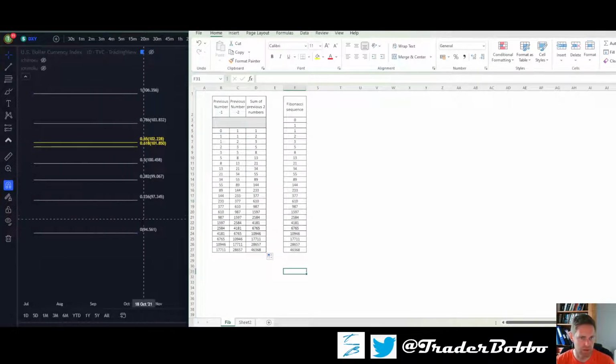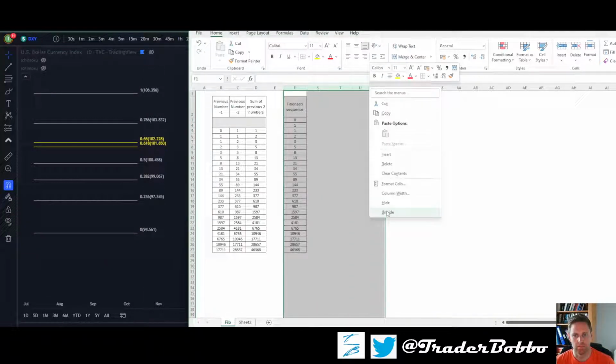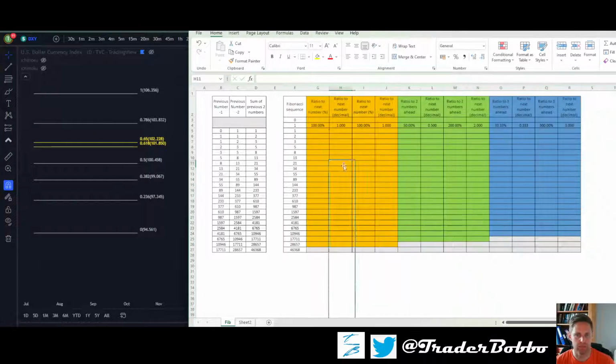It means nothing at the moment, no correlation there at all. But what he discovered is looking at the current number in relationship to the previous number, dividing them, it came up with a ratio or a pattern.